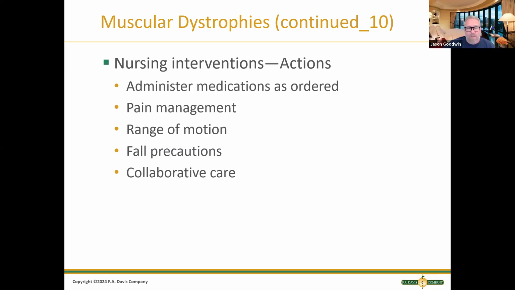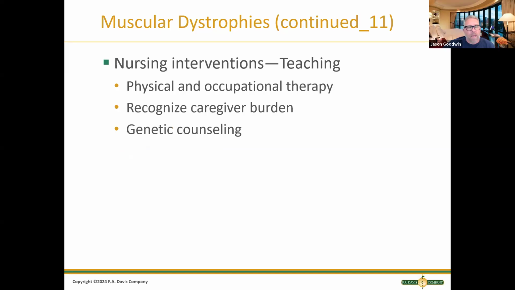Collaborative care with other caregivers, people like occupational therapy or physical therapy, social work, case managers, physicians, anybody that is important to be in the conversation. And as far as teaching, you're going to reinforce these exercises we've talked about.